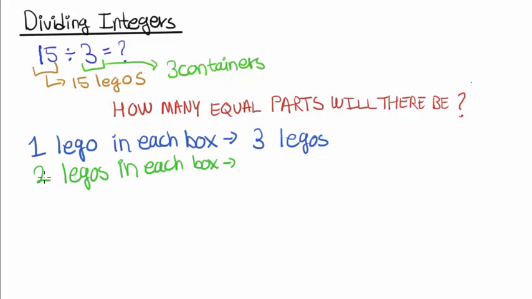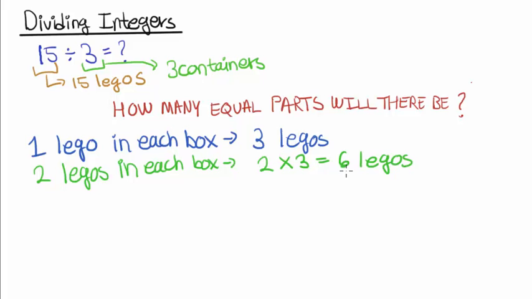If I put 2 Legos in each box, how many Legos will I have? Well, I'll have 2 Legos that I put in each one of the boxes, and since I have 3 boxes or containers, I multiply by 3.